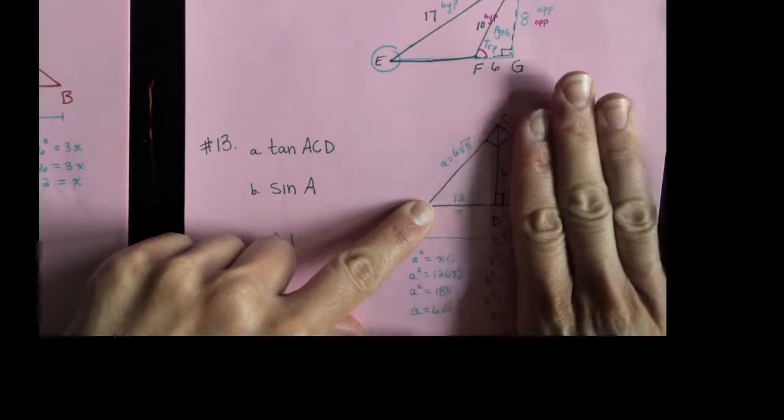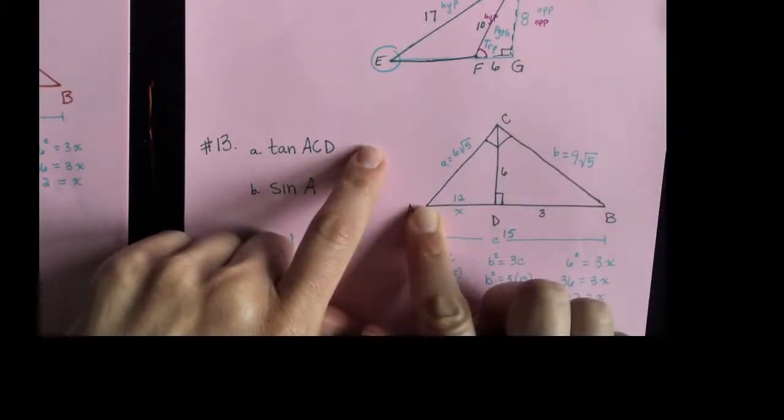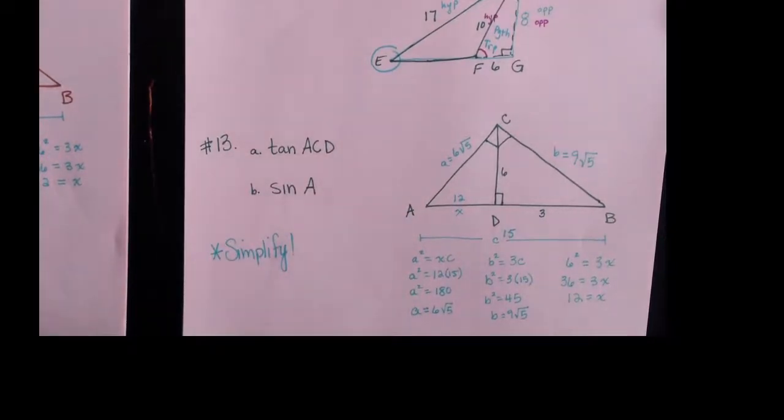Whether you choose to use the smaller right triangle or the big right triangle, your ratio will reduce to be the same thing. They are similar, so the ratios always will reduce to be the same thing. So kind of keep that in mind. That's why I'm going to let you figure out what the final answer is there.